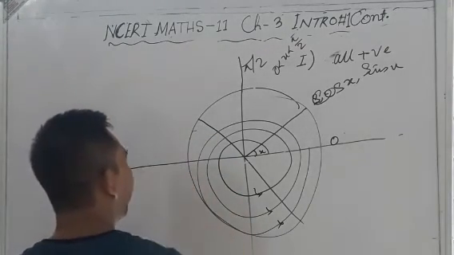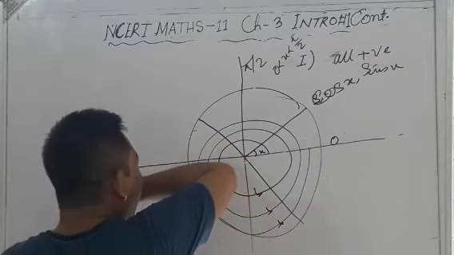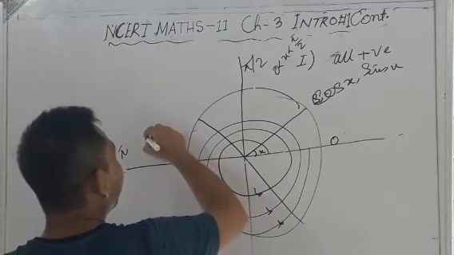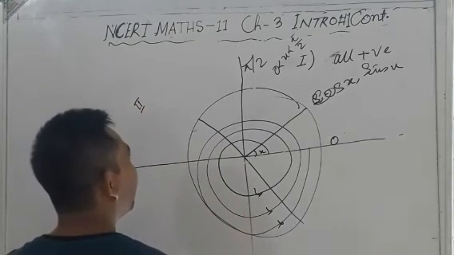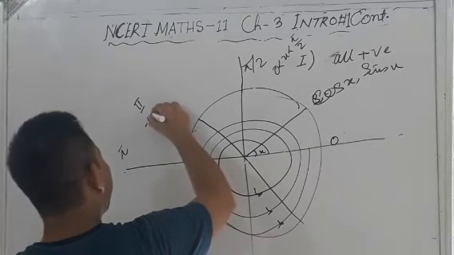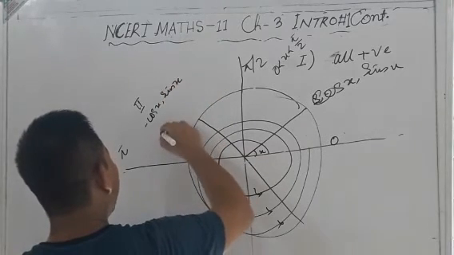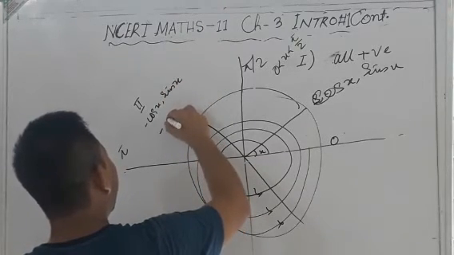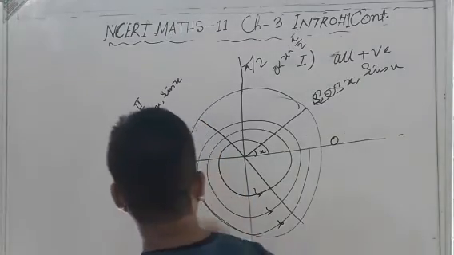So it is pi. Correct? So this is the second quadrant. Here cos x is negative and sin x is positive. That means positive and negative.